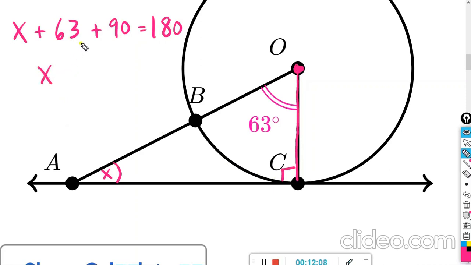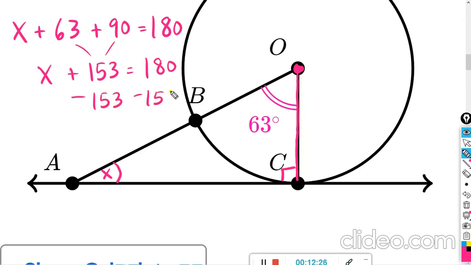Combining like terms, 63 plus 90 is going to be 153, and that equals 180. So I just combine those two. And subtracting 153 on both sides, it cancels right here. Bring down your X. 180 minus 153 is 27.